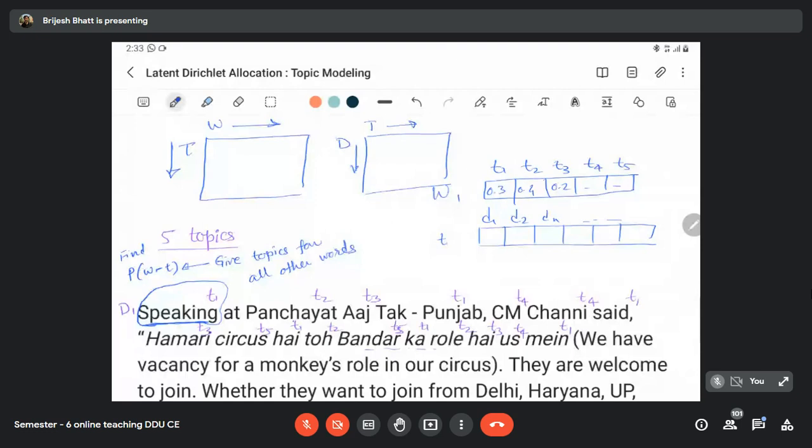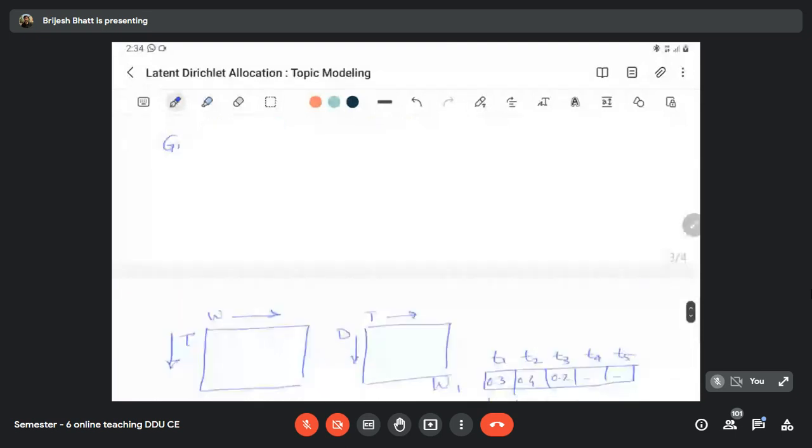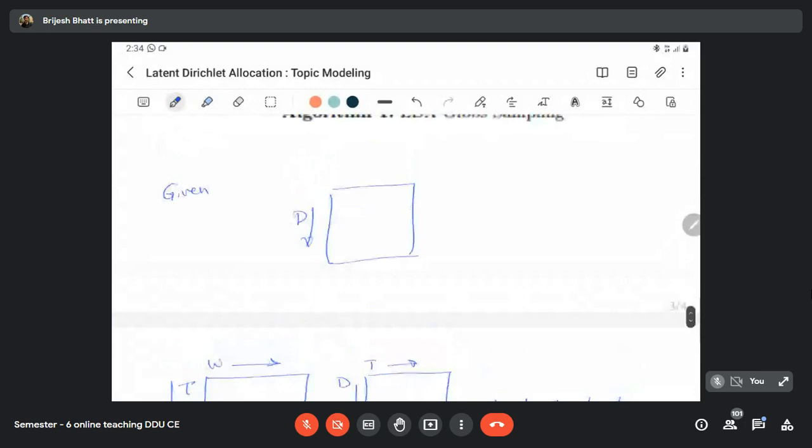We are given words and documents, and K topics. We are told that there are K topics. What the topics are we don't know, but we know that there are K topics. So this is an N cross D matrix: N words, D documents.